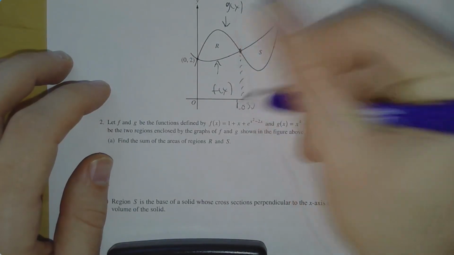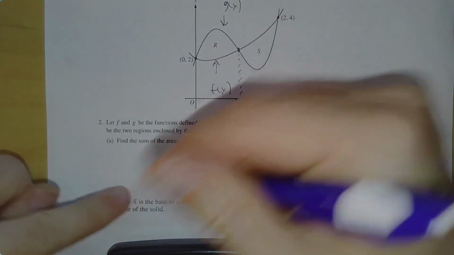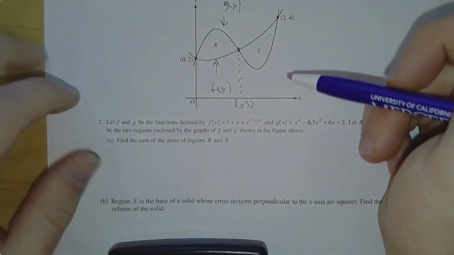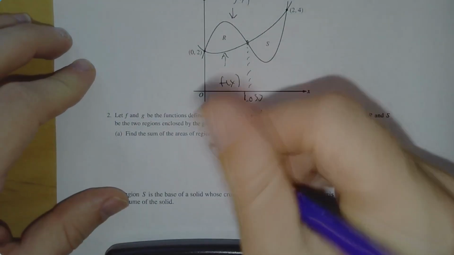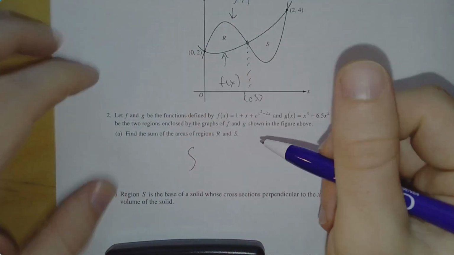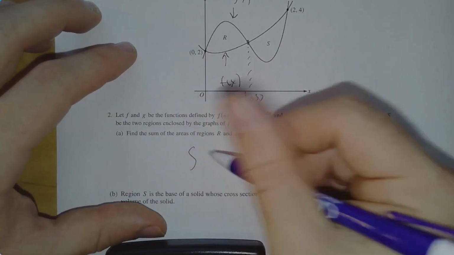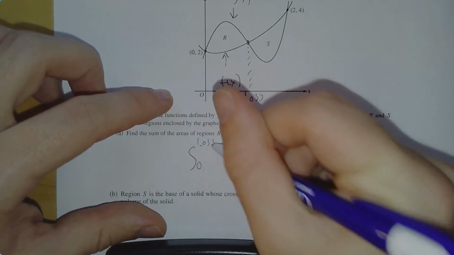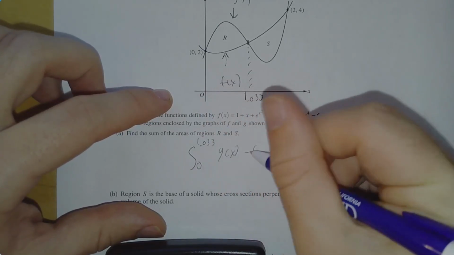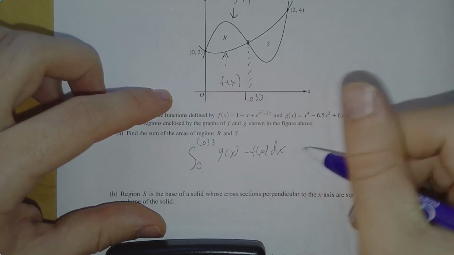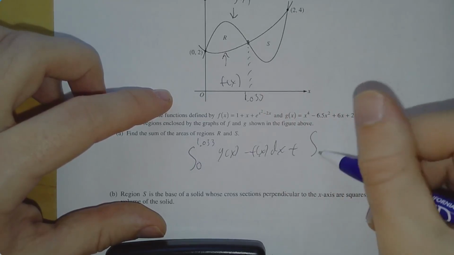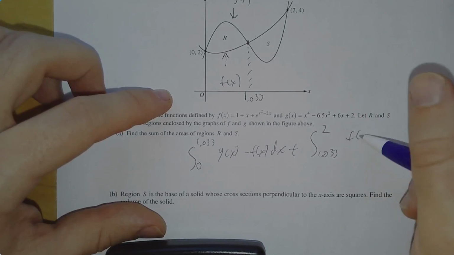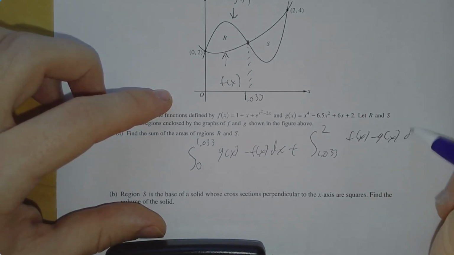Okay, so I've done all my setup. Now I'm ready to get started with the problem. Find the sum of the areas. So I want the area of R plus the area of S. So we're just gonna integrate. We're gonna take the integral of the top minus the bottom. So it's gonna be the integral from 0 to that number I found, 1.033, of g of x minus f of x dx, plus the integral from 1.033 to 2 of f of x minus g of x dx.